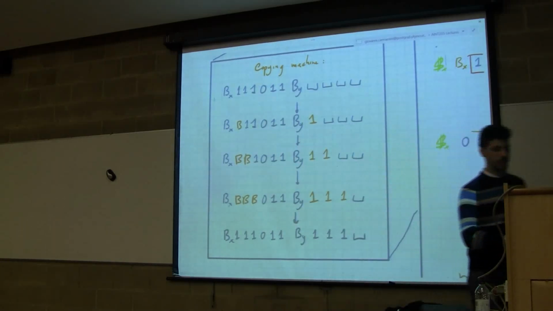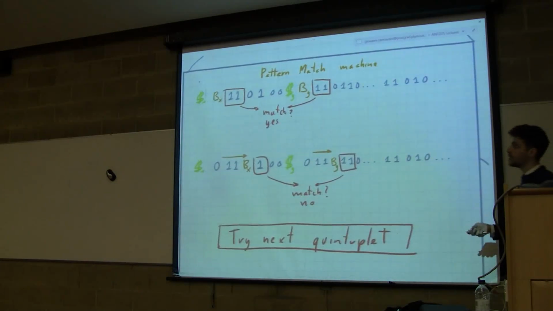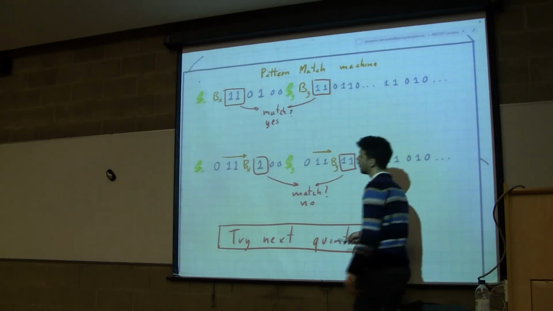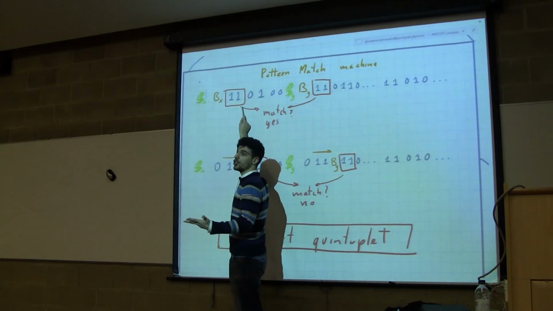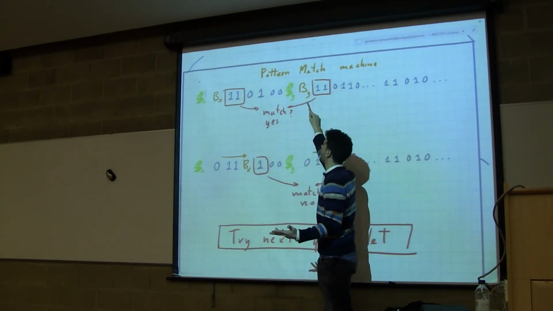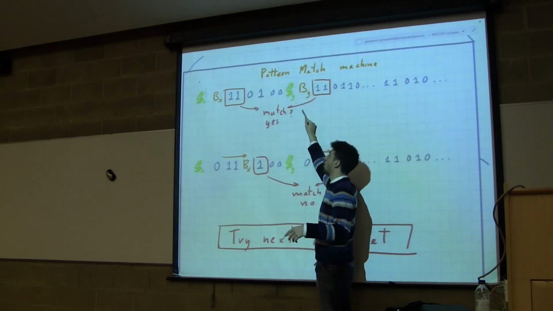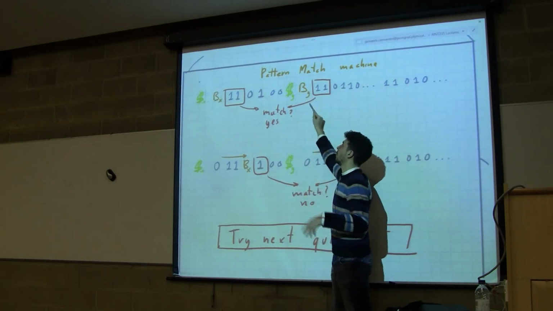So that's very easy. Then you have the pattern match machine. I won't explain it in detail because it will be really long. But what it does is you have a marker telling you what pattern to match. And you try and find that pattern on the other side of another marker.